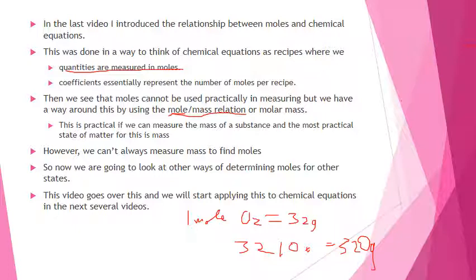Okay, however, there's times where we can't measure mass, or it's impractical to measure mass to find moles. So now we are going to look at other ways to determine moles from other states. So mass is a really good way to measure the mass of solids. Okay, so you could just weigh it out on a scale.